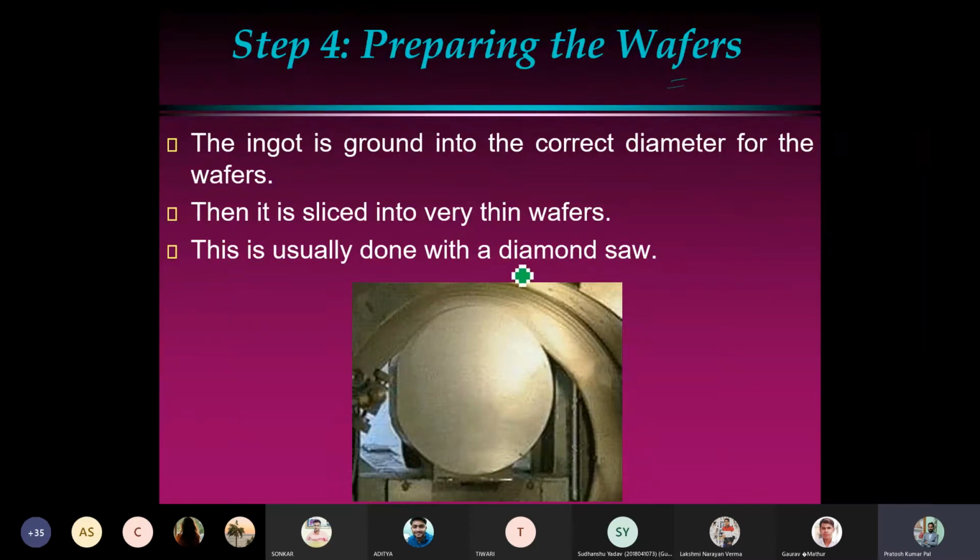The diamond saw provides a very fine cutting and is very effective because diamond is the hardest material. To obtain such thin wafers, we require the diamond saw.